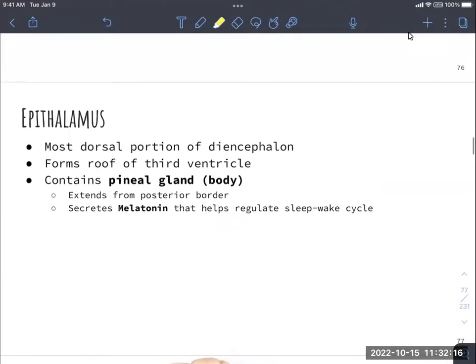How about that epithalamus? That epithalamus has what is called your pineal gland. Your pineal gland is what makes your melatonin for your sleep-wake cycle. It's very important.